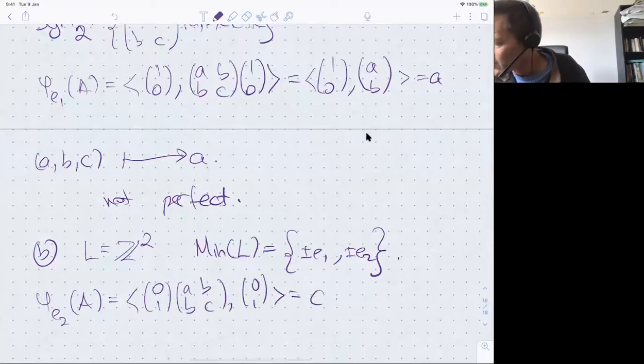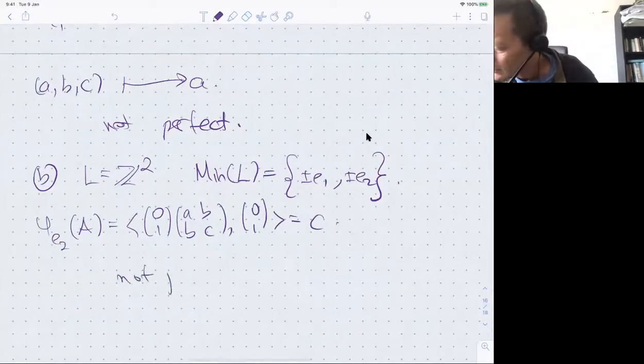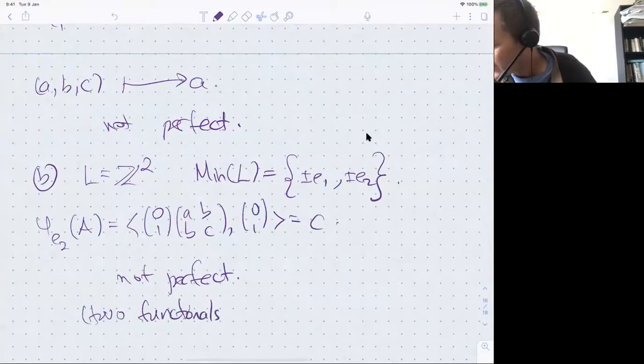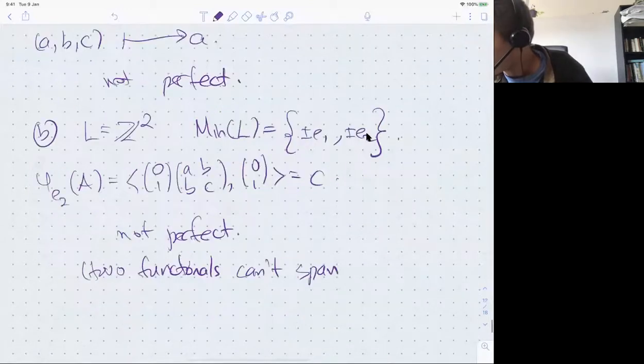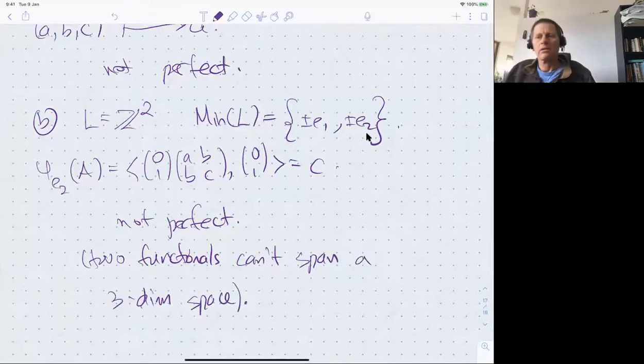When you do the computation, you're going to get C. So again, it's not perfect. We have two functionals and they can't span a three-dimensional space. Okay, is this clear? We just don't have enough of them.